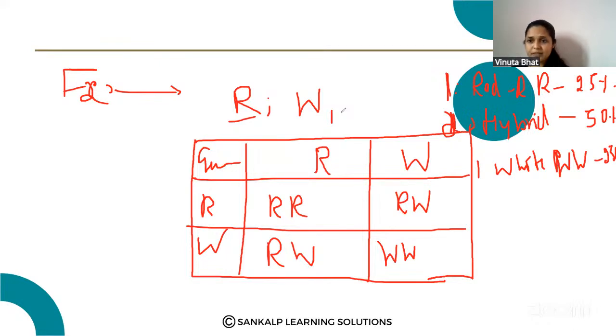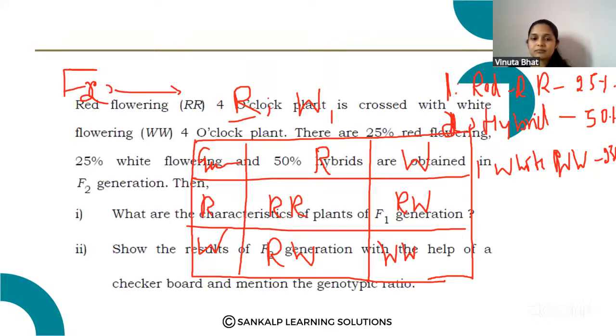Both are expressed or both are not expressed. When RW combination is there, you can see both colors are not fully expressed. So we can say that here neither red color nor white color is the dominant or the recessive. Both are expressed and both are not able to overcome the other one.